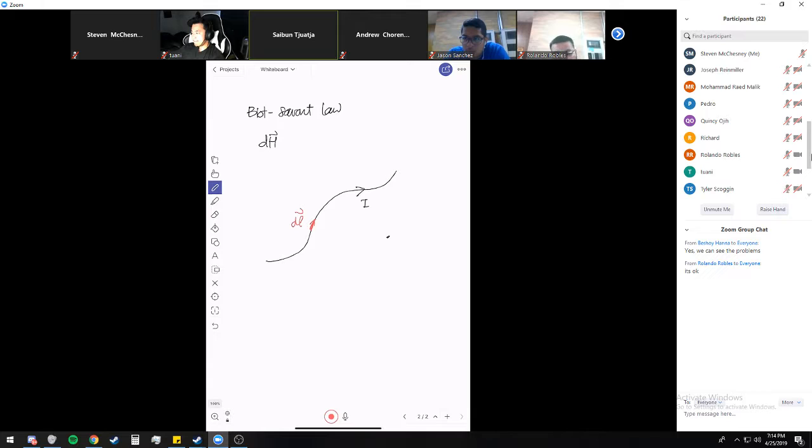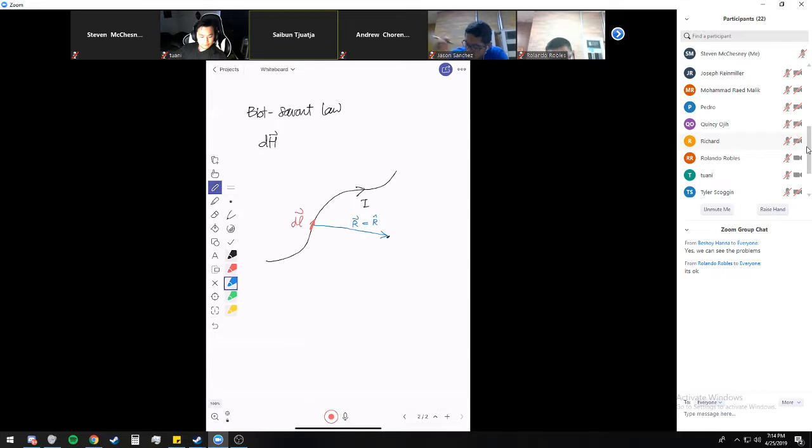In order to find that, I need to know the position from this to my observation point. What is the distance and direction? So in this case, let me use a different color. This is my observation vector. Let's call this the observation vector R. So R consists of the unit vector, R hat, times the magnitude. Any questions?